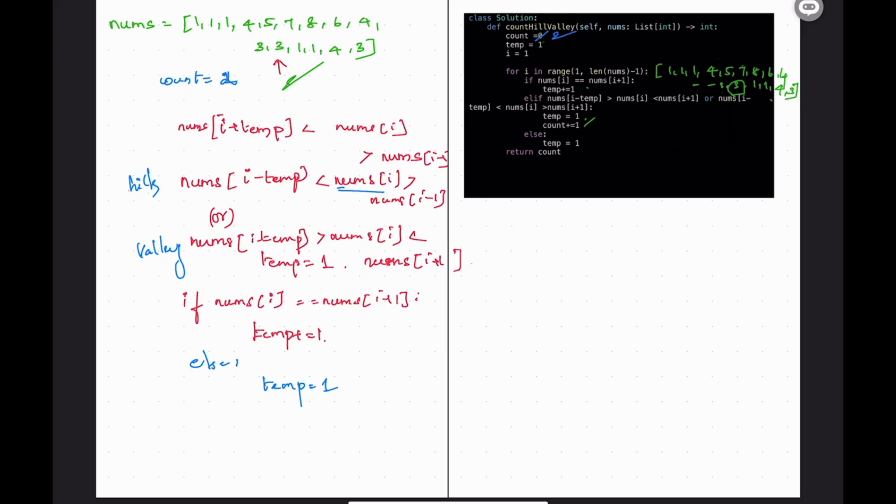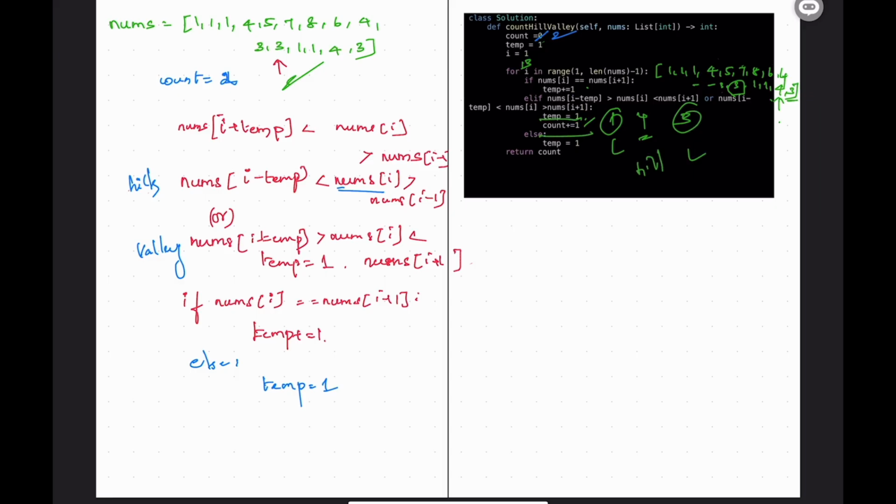Okay. Now I goes to 13, the value will be 4. For this 4, I plus 1 is not equal, so temp will not get incremented, so it will come here. Nums of I equals 4, and I minus temp is 1, I plus 1 is 3. So this is lesser than this, and this is also lesser, so it forms a hill.